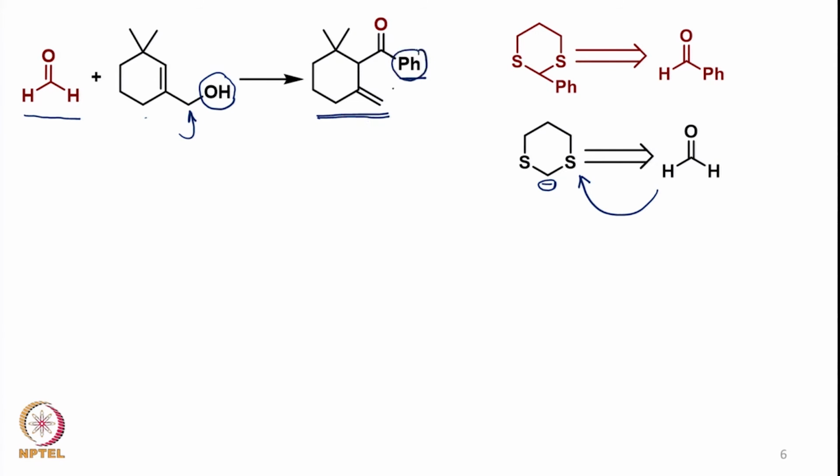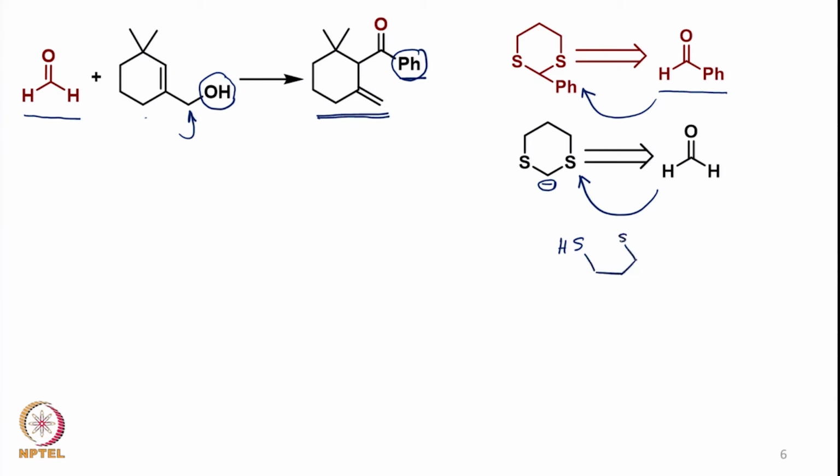From the phenyl point of view, one can think that we can start with benzaldehyde, carry out the same reaction, and probably make it easily with the same dithiol. That means we take this kind of dithiol.